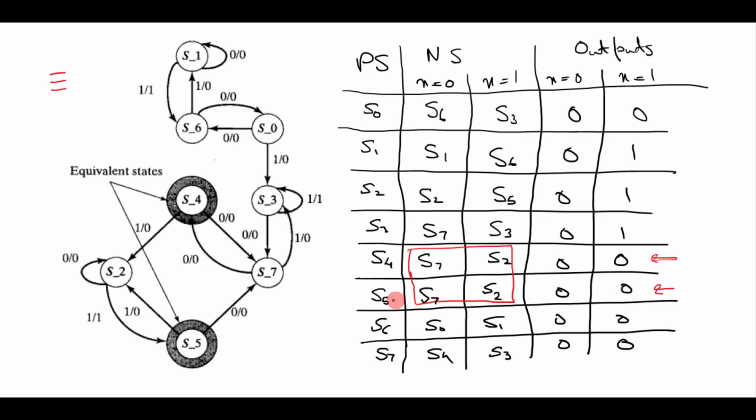Whereas if you compare S5 and S6, their outputs are the same but their next states are not the same. So your two states will be equivalent if their next states are equivalent as well as their outputs are equivalent. So these two states are equivalent and you can delete one row.